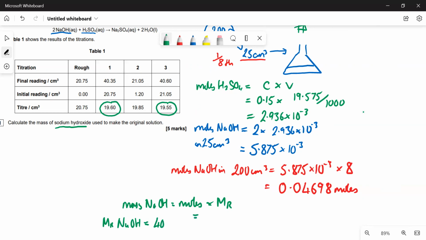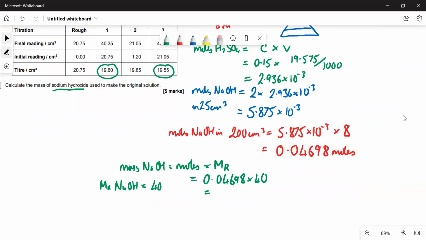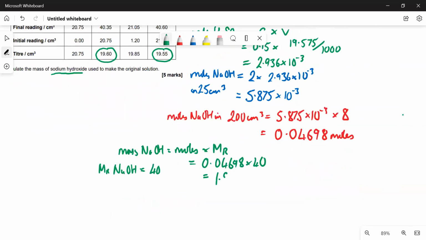So the mass is going to be equal to 0.04698 multiplied by 40, which is equal to 1.879 grams. We should really give that to 3 significant figures because all our data is given to 3 significant figures. So the final answer is 1.88 grams of NaOH.